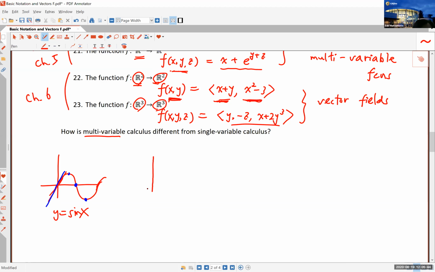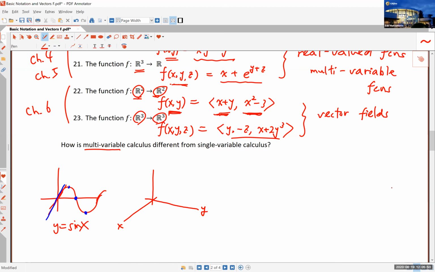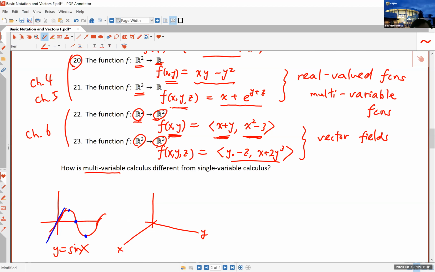Now, here's what happens. When you have X and Y as elements of the set of points on the plane, like functions of the type number 20, X and Y will determine the Z value, right?